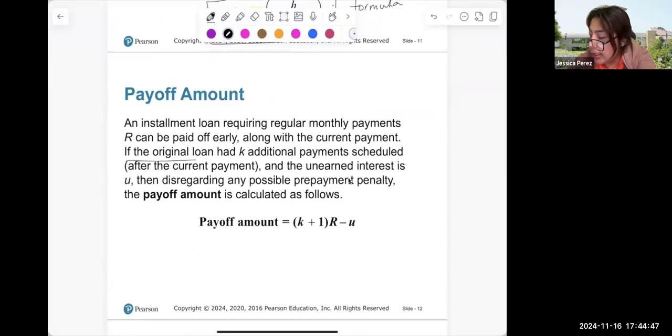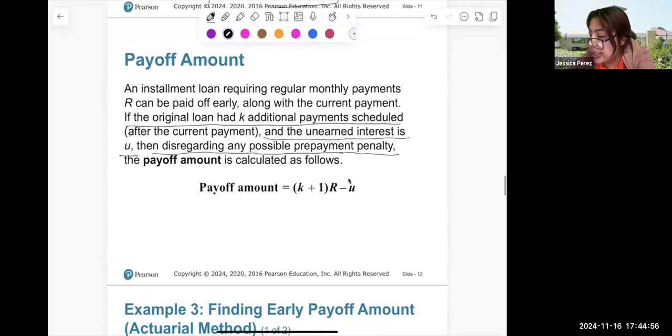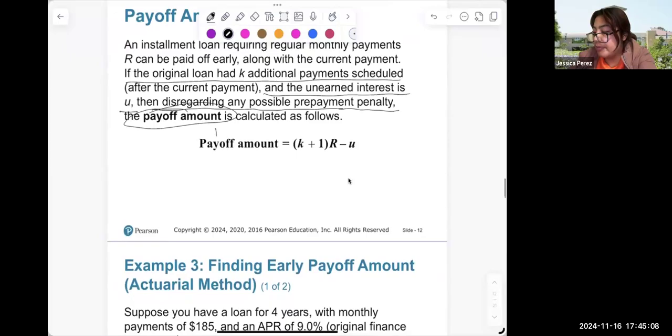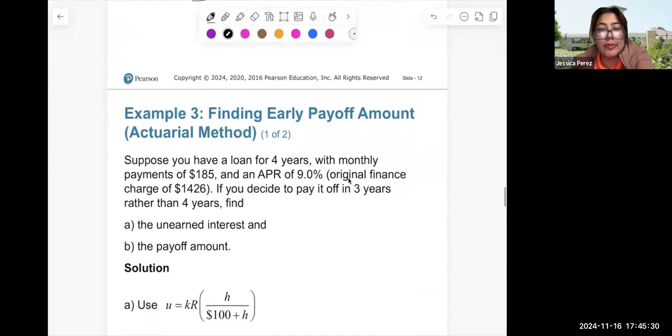If the original loan has K additional payments scheduled and the unearned interest is U, then, disregarding any possible prepayment penalty, the payoff amount is calculated as K plus 1 times R, minus U. That would be the total payoff: the additional payments times the installment monthly payment, minus the unearned interest. So let's look at an example.